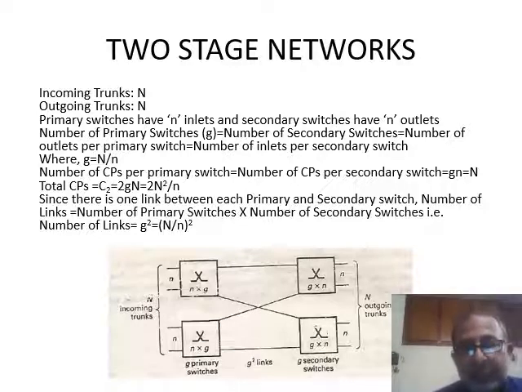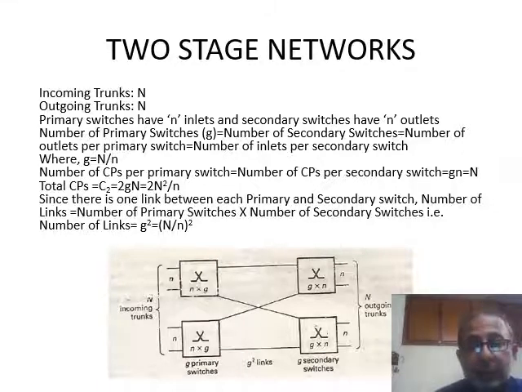The primary switches have small n inlets and secondary switches have small n outlets. So the number of primary switches would be equal to the number of secondary switches, and that would be equal to the number of outlets per secondary switch, because each secondary switch has to get connected to each of the primary switches.